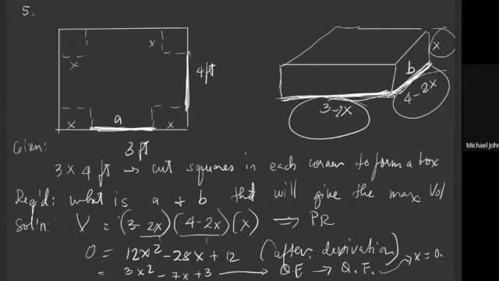Which one is the most practical? The one that is most practical is for x to have a value of 0.57 feet. Because the other one, which has a value of 1.77, is not practical because it will exceed the 3 feet if it is 1.77. Therefore, you use the value of x equal to 0.57 instead of 1.77.